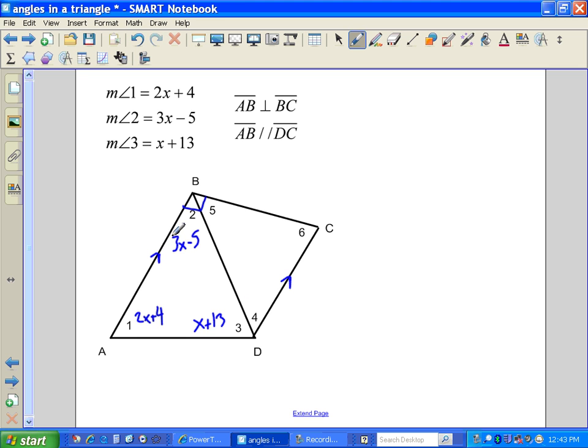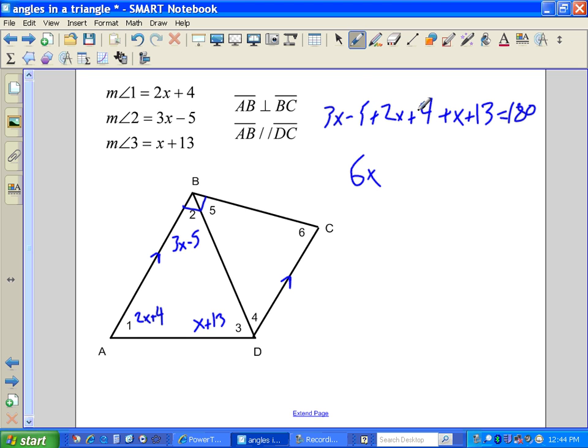All right, here's the thing. We know that these three angles add up to 180 degrees. So we're going to add them up. 3x minus 5 plus 2x plus 4 plus x plus 13 equals 180. Combine like terms. 3x plus 2x plus another x is 6x.